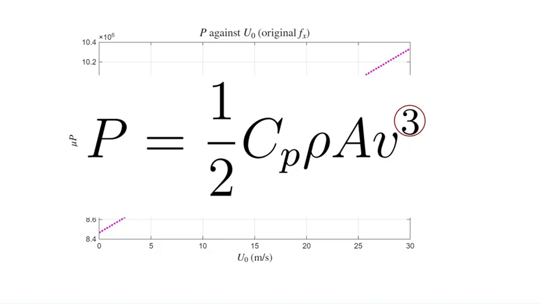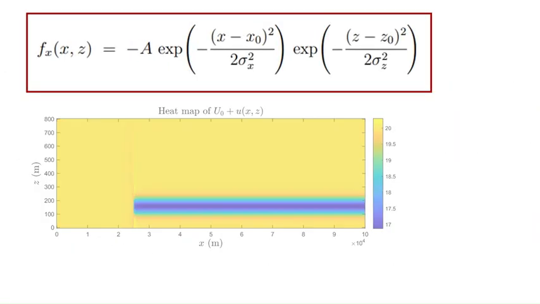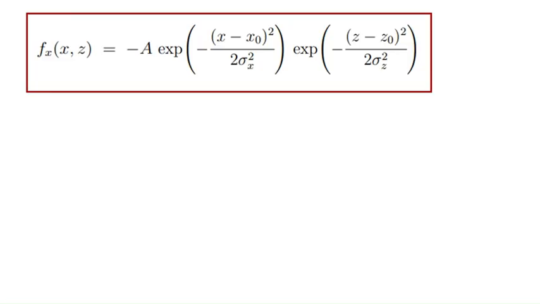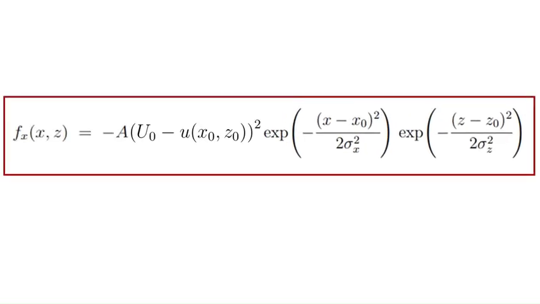So what went wrong? Well, we have to go back to the original forcing profile. As you can see, it's not dependent on wind velocity at all. Fx of x,z equals minus A times (u naught minus u of x naught, z naught) squared times the Gaussian terms is a more realistic forcing profile.